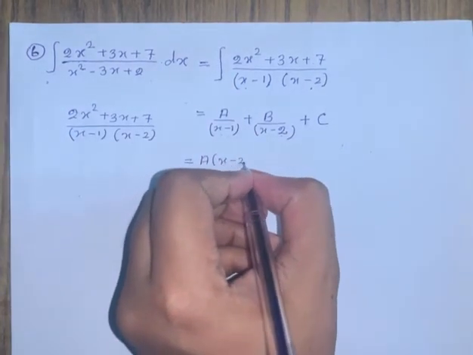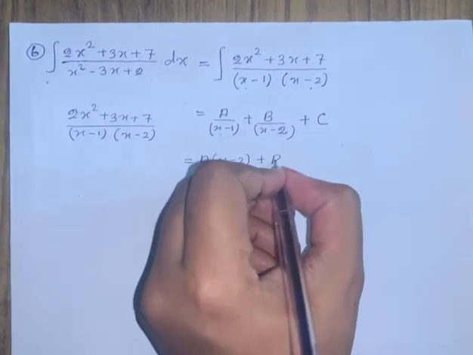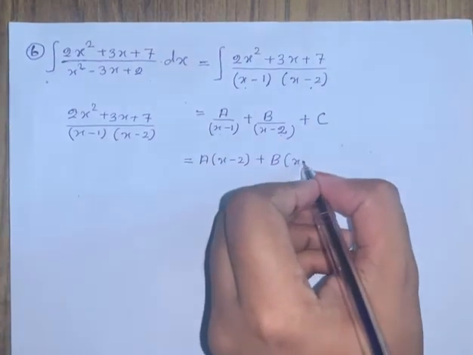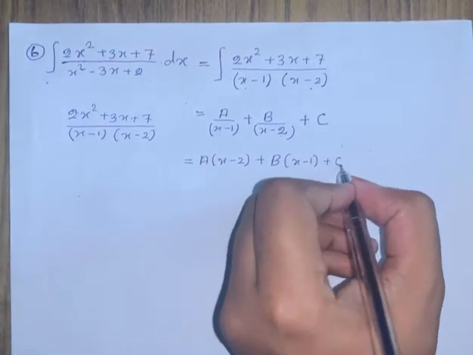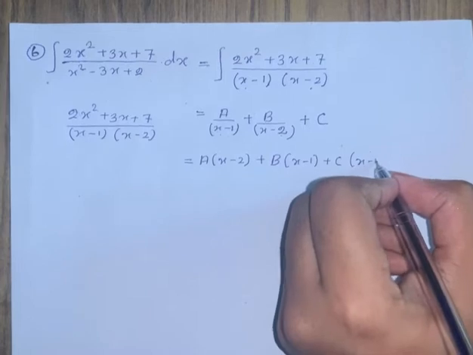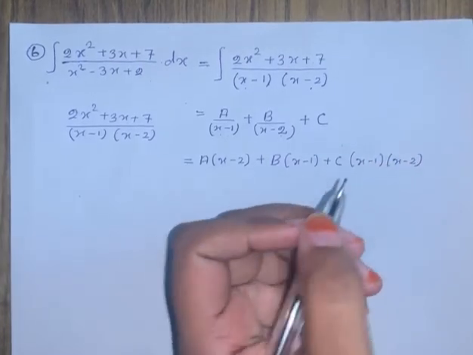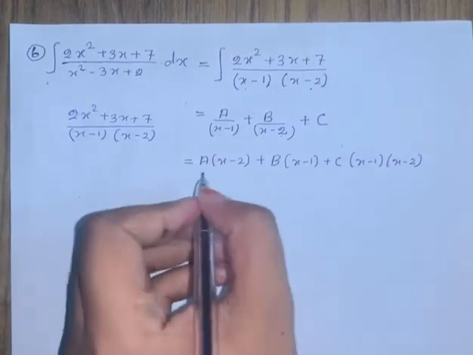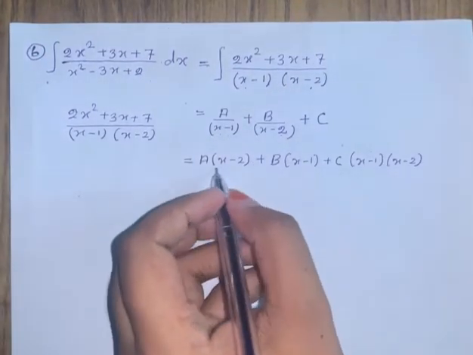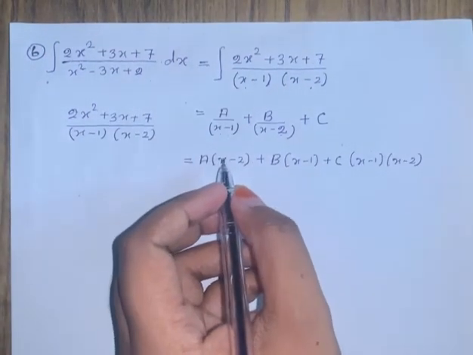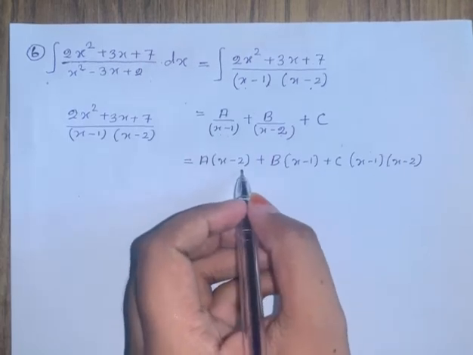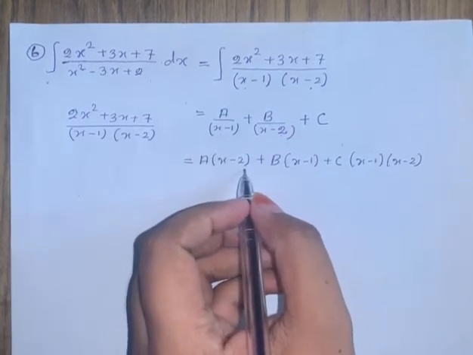So if we cross multiply them, A into x minus 2 and B into x minus 1 plus C into x minus 1 and x minus 2, that is equal to 2x squared plus 3x plus 7.